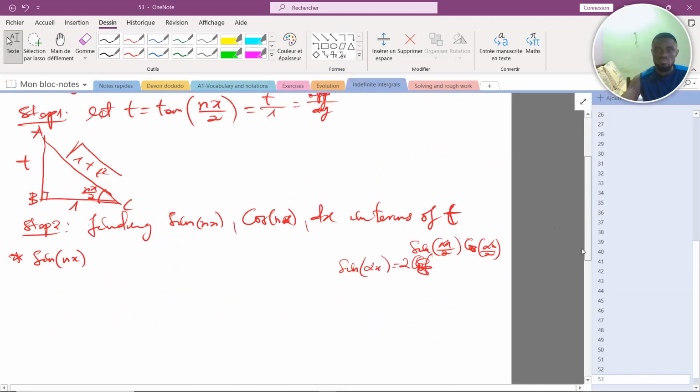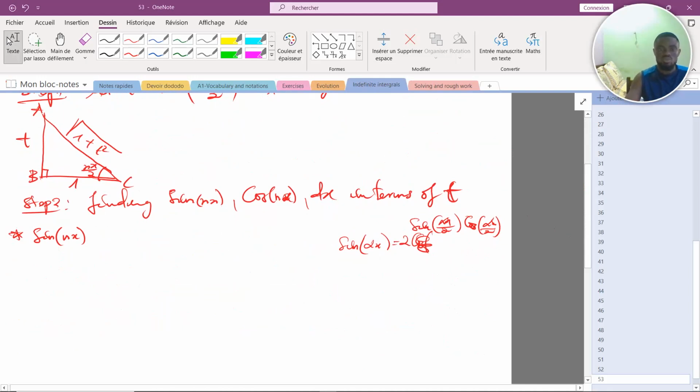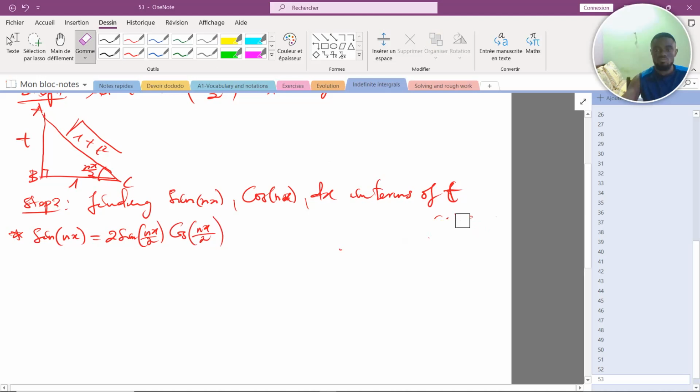So, using this formula, our sine nx will be equal to 2 sine nx on 2 cos nx on 2. Is that okay? So we need to find sine nx on 2 and cos nx on 2 from our triangle. So this will be equal to 2 times sine nx on 2. Sine is opposite all over hypotenuse.